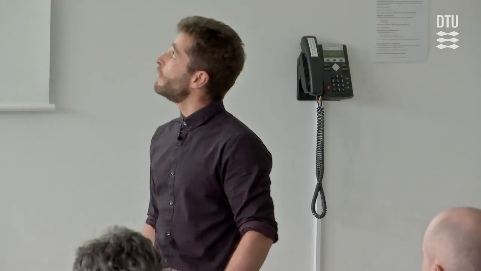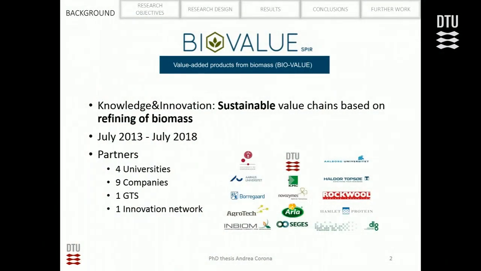and has been financed by the BioValue project, which is a Danish project looking at knowledge and innovation for sustainable refining of biomass. The project has been running for 5 years and involves different universities and some companies as well.